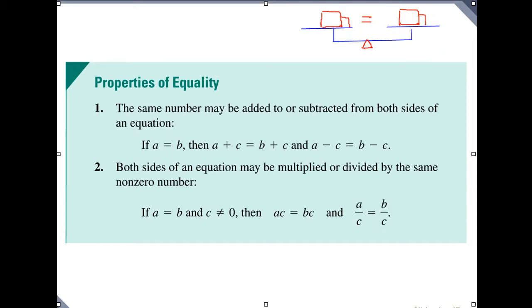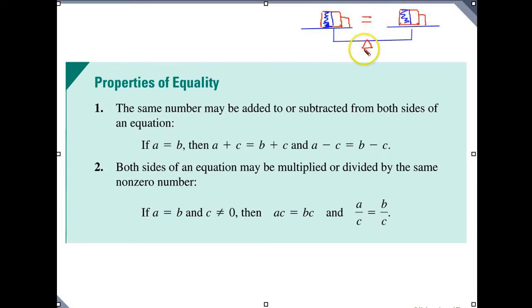And in the same way, if I took away some from each side, let's say I took this much away and this much away from each side, it would still be balanced. Now keep in mind, as I add something to both sides, it's not the same amount anymore, but the key is it's still balanced.